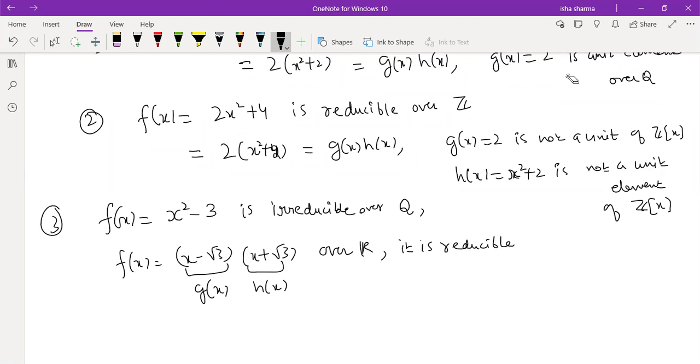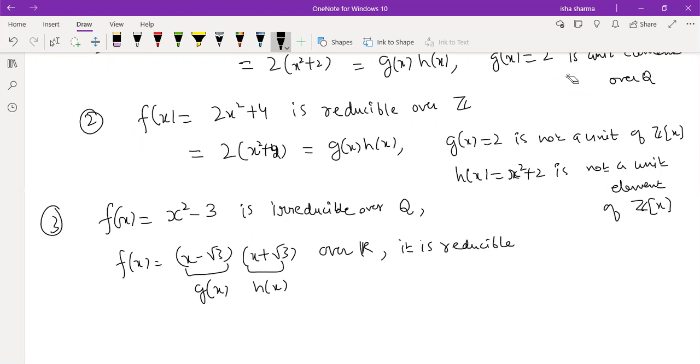One thing you can see from these examples is that I am already telling you whether it is reducible or irreducible, because we try to see intuitively whether factorization is possible or not. But this technique is not general. If you are given a random polynomial, it might be difficult for you to figure out whether it is factorizable, whether it is reducible or not.